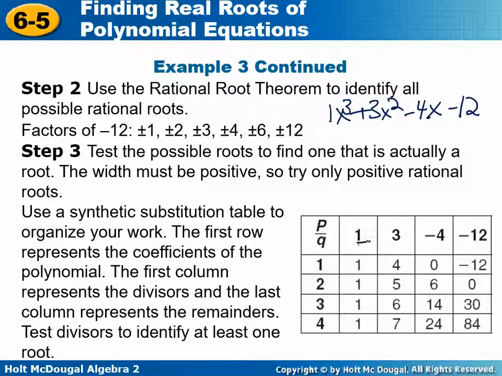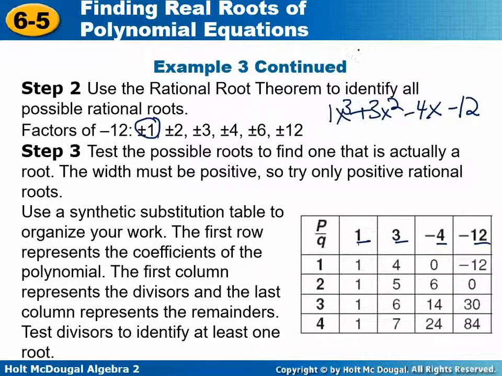So these numbers are the coefficients in front of each term. Now here's the ones we're going to check. Let me just read through this. The first column represents the divisors, and the last column represents the remainders. Test divisors to identify at least one root. So they're starting with 1. And they're going to go through and check with synthetic division to see.